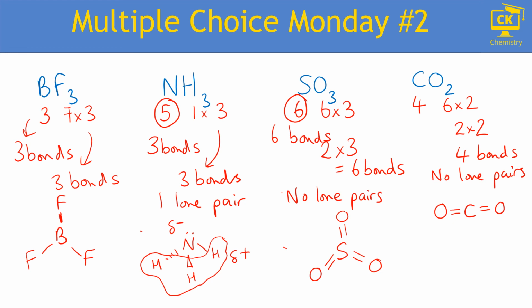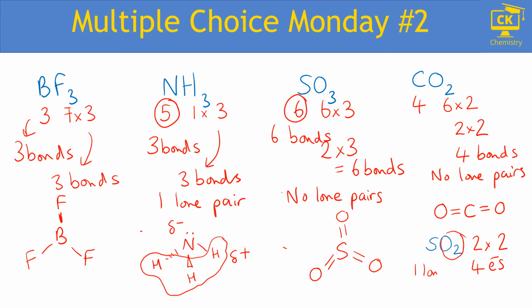Applying that to something that wasn't in the question, what about SO2? Well, oxygen is going to do the same thing it does in CO2. The oxygens are going to make 2 double bonds. That means that I've used 4 electrons in the bonding, which means the sulfur has 2 left.